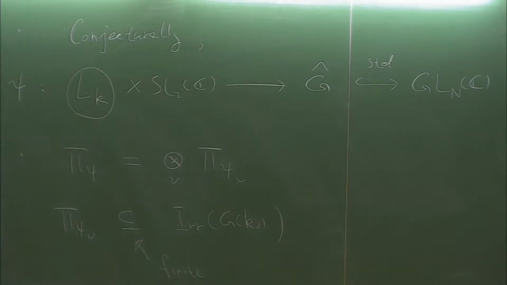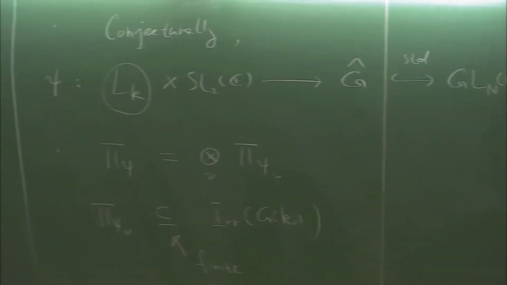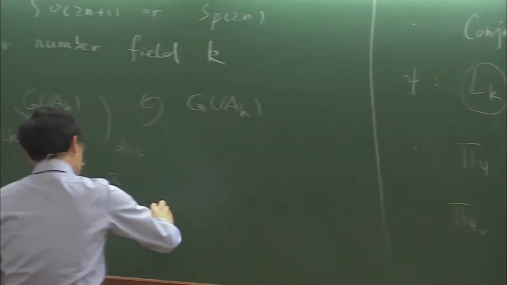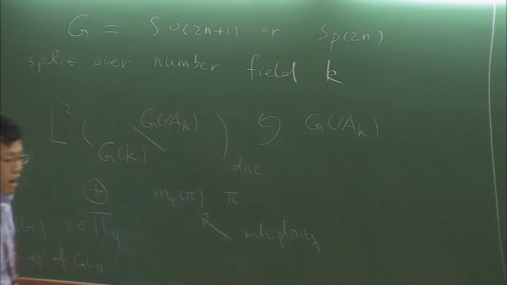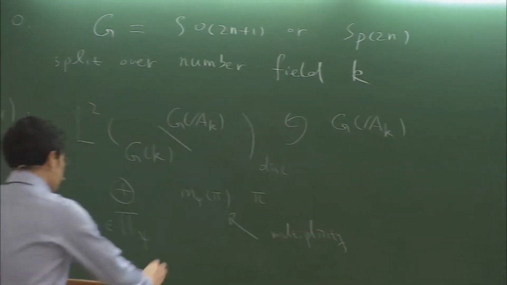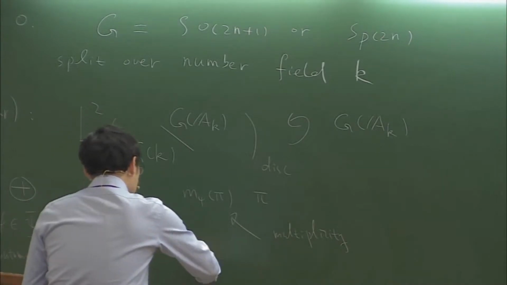Okay. And finally, there's this multiplicity, and Arthur also gives an explicit formula describing this multiplicity, the so-called Arthur's multiplicity formula. And here I will not explain. Okay, so this is the Arthur packet.